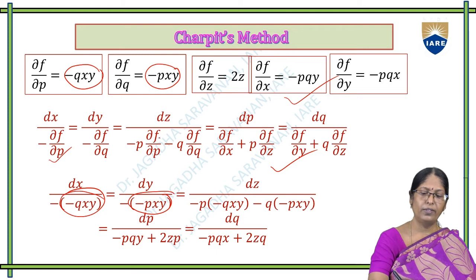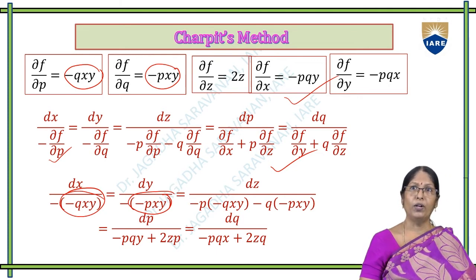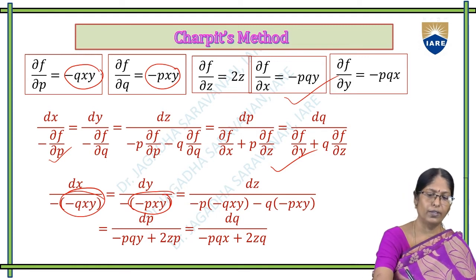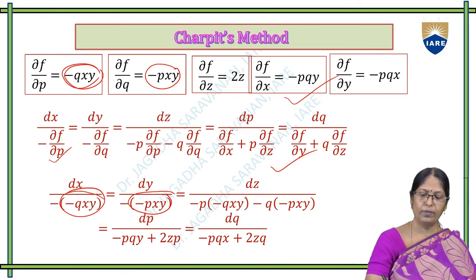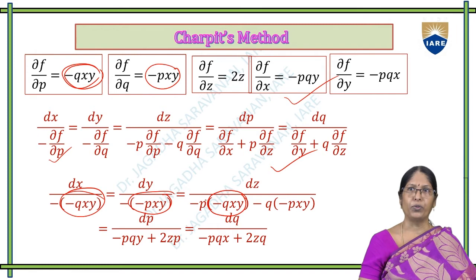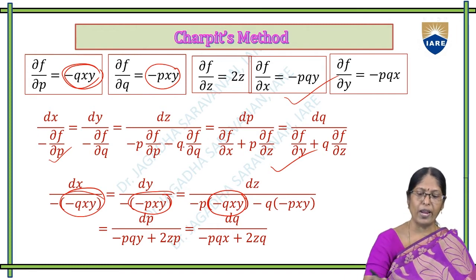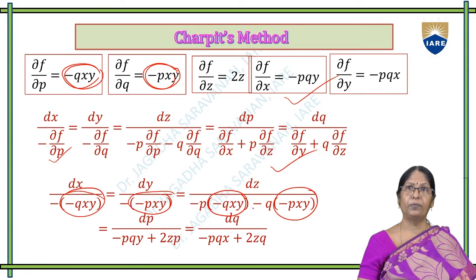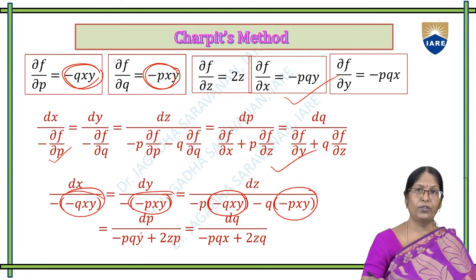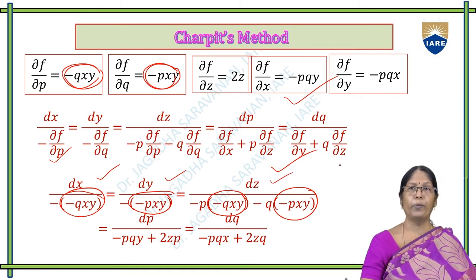Next, dz by minus p dou f by dou p, this we substituted. Next, minus q dou f by dou q, this we have to substitute. Here we substituted. Equal to our, this is the first member, second member, third member.